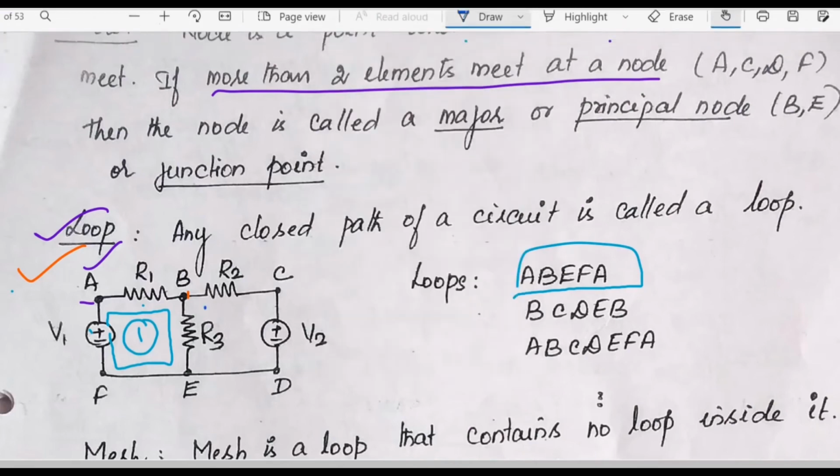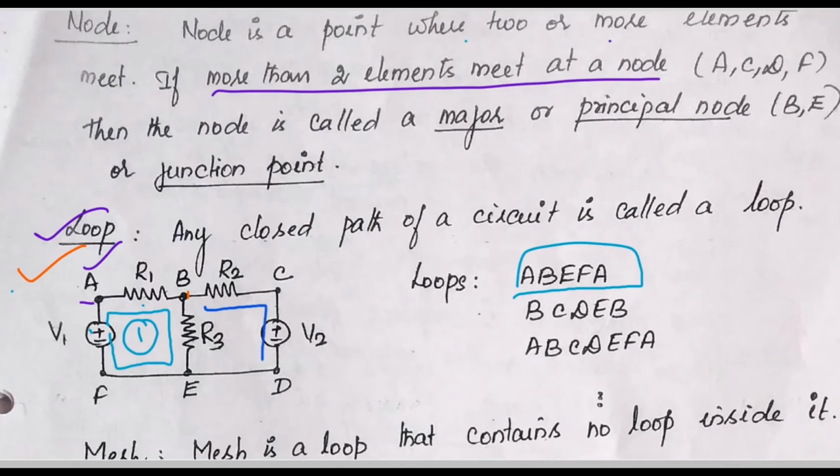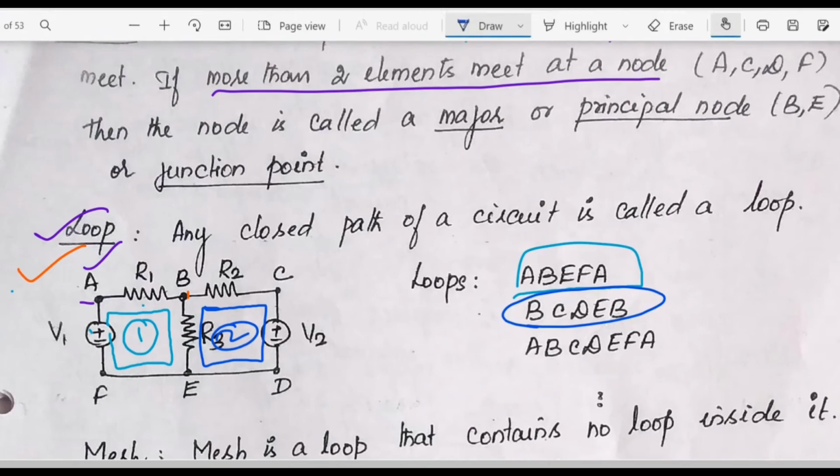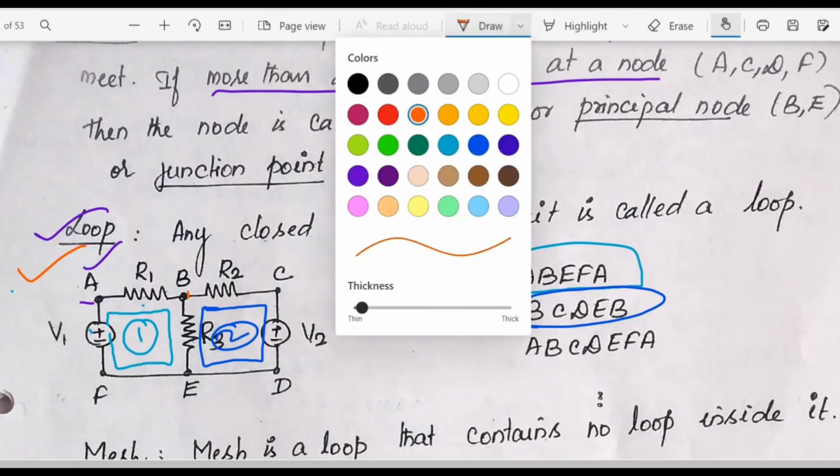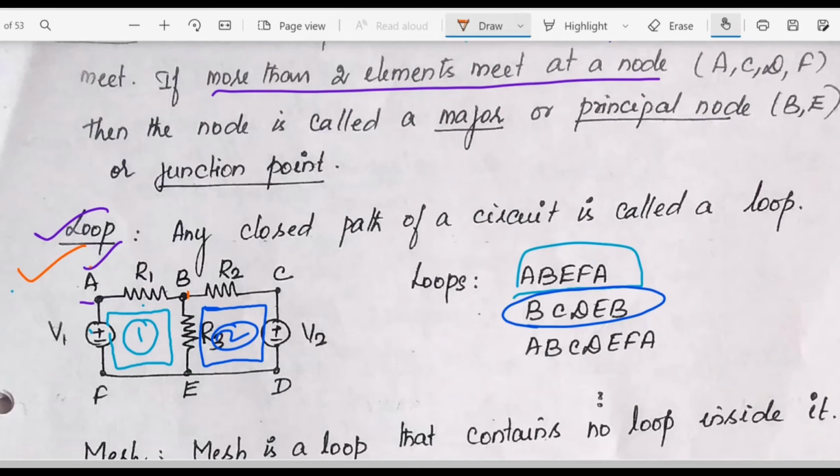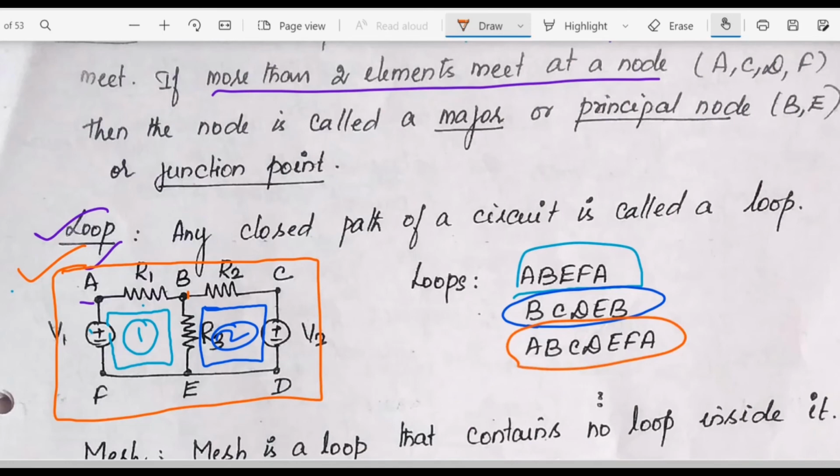Then B, C, D, E, again B, a closed path, is loop number 2. Again do the same thing with the outer path: A, B, C, D, E, F, A, again a closed path, is loop number 3. So any closed path of a circuit is called a loop.